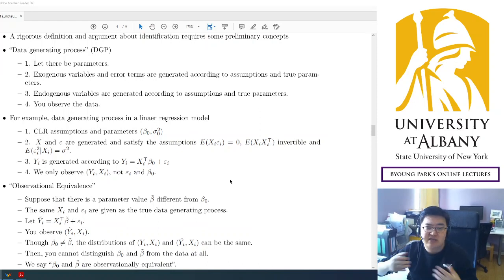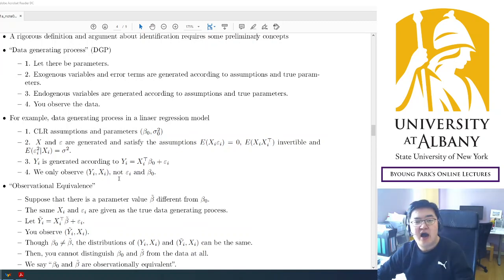So x and epsilon are generated, and then based on those, y is determined. Y is generated according to the linear regression relationship. And then finally, epsilon is deleted. Of course, beta is not observed, and we only observe x and y. That's how the data are generated from the model and the parameters.